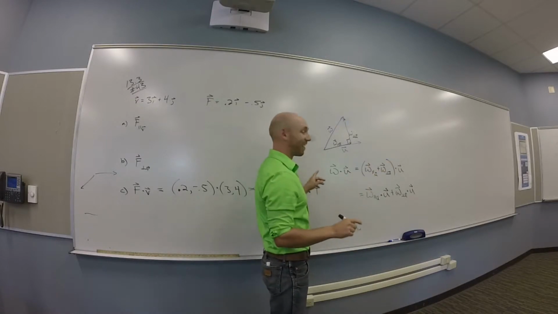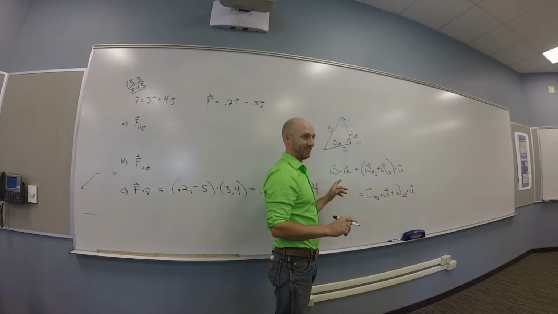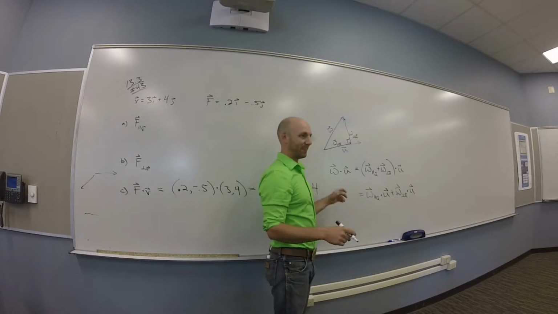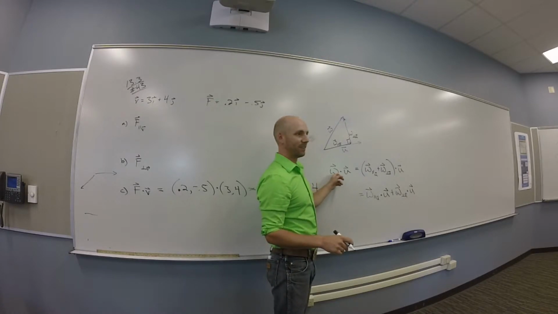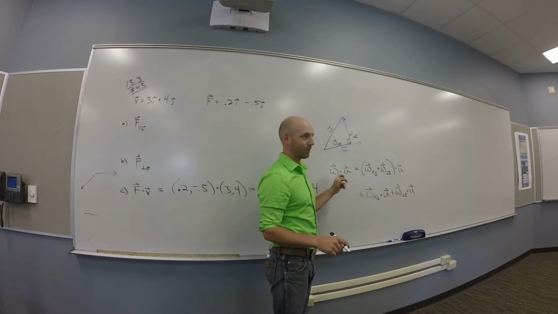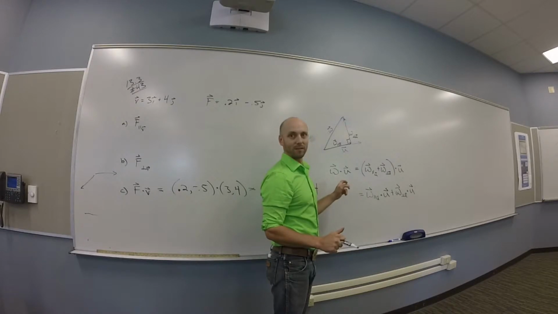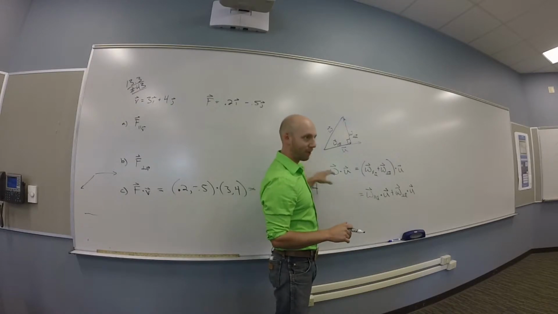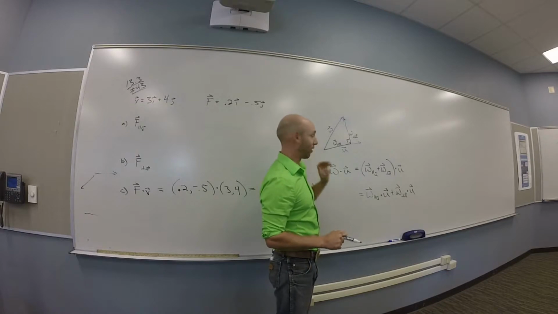On the other hand, this is mag w, mag u, cosine theta, right? You guys all with me on that? Okay, so there's another thought that we might use lurking in the background, but right now I want to fiddle with this thing.